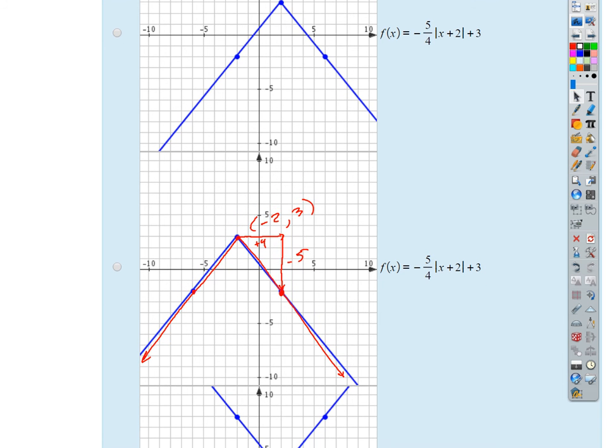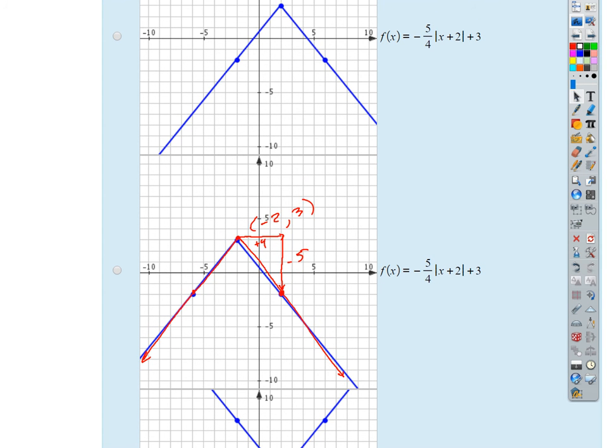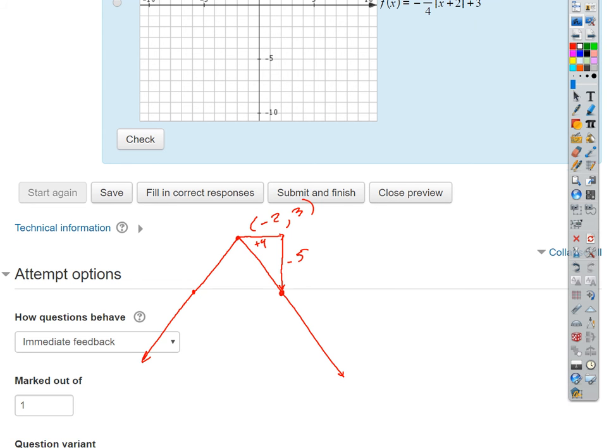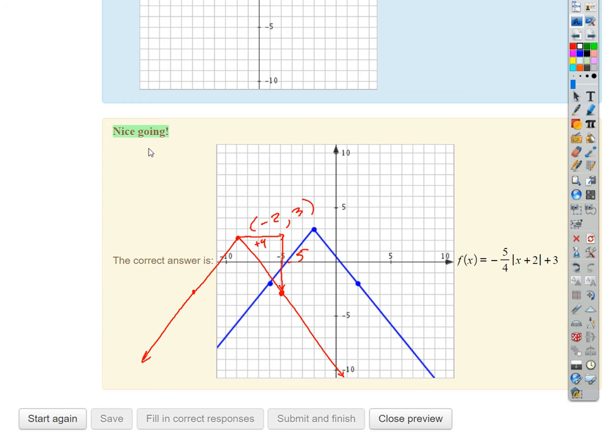Ooh, that looks promising, doesn't it? Oh, what do you know? It is. That's it, huh? Yep. Okay, so that's the one we want right there. That makes sense? Yes, it does. All right, so we got that guy.